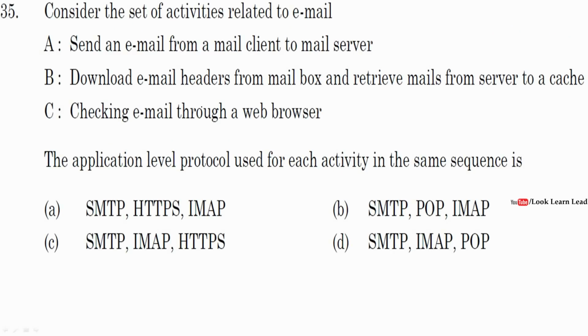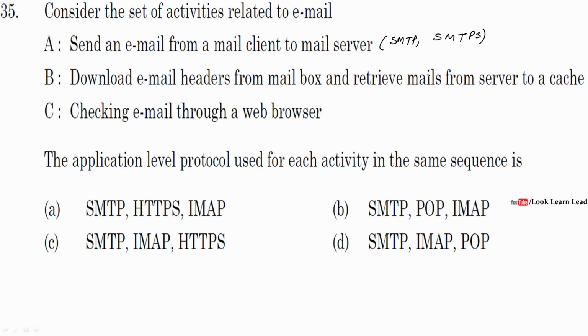Next, consider a set of activities related to email: sending an email from a client to an email server, downloading the email. For sending an email to an email server, we can use SMTP or SMTPS.